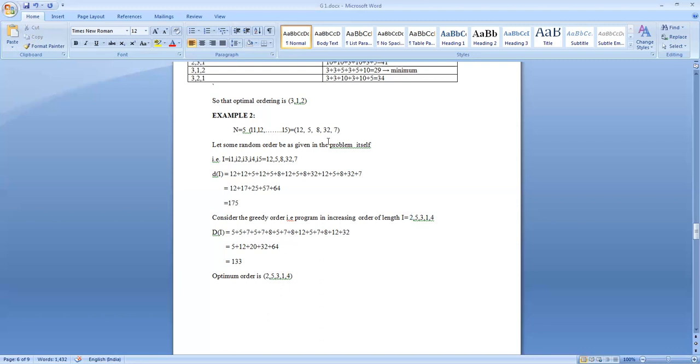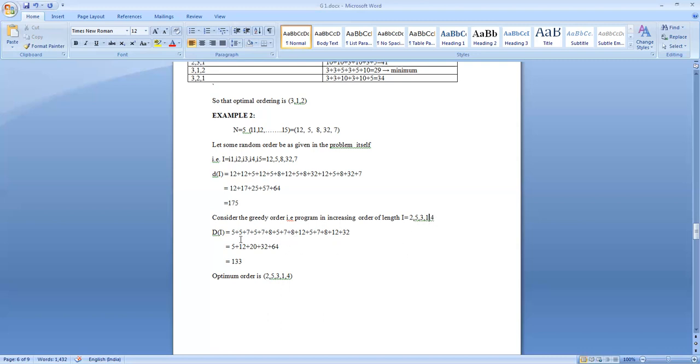Then which program has the minimum length? 7, the fifth program, considered next. Then 8, the third program. Then 12, the first program. Then the fourth program, 32, is considered last. So the order of storing the 5 programs in the magnetic tape is 2, 5, 3, 1, 4.